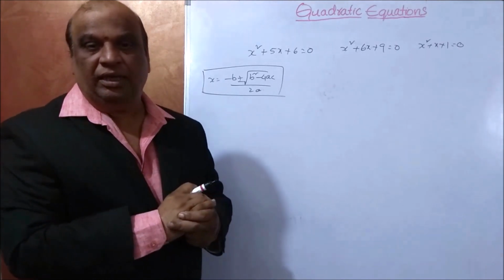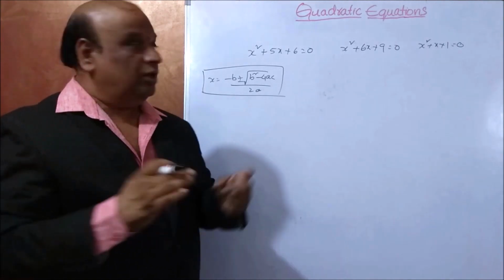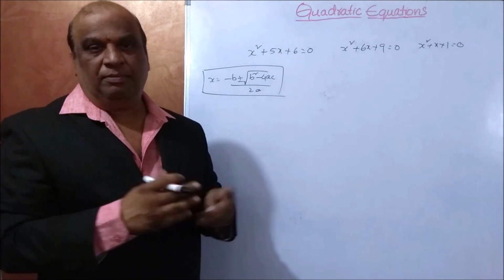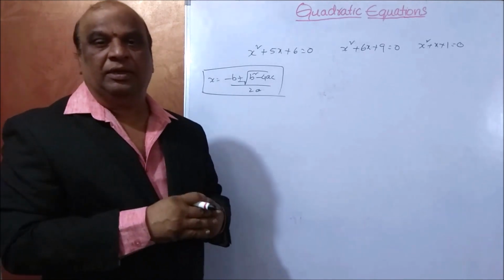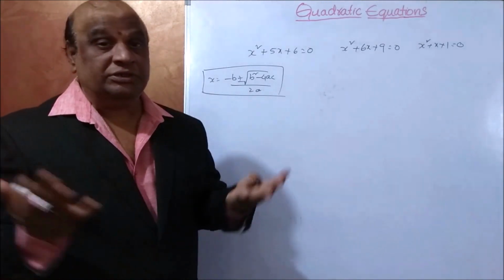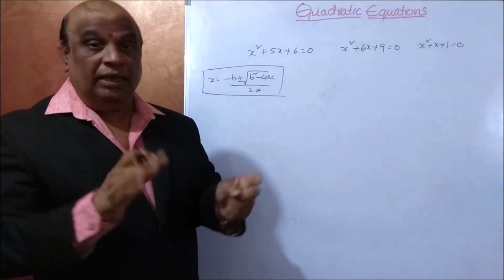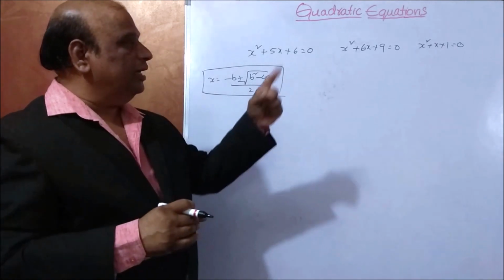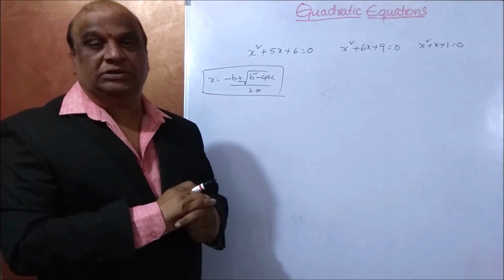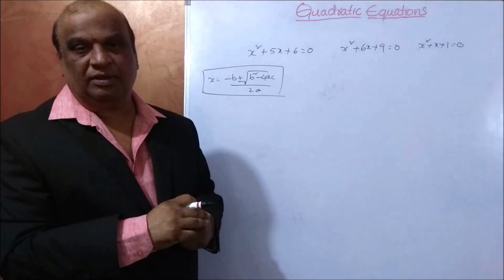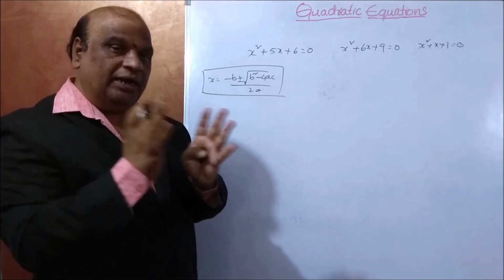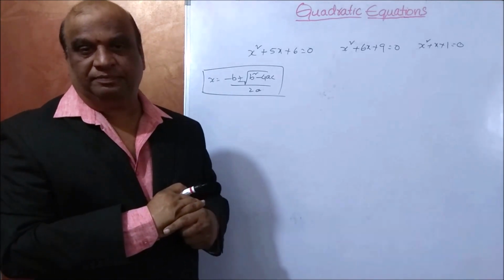In some cases, if you observe the roots, they are equal roots: minus 2, minus 2; minus 3, minus 3; minus 5, minus 5. Some quadratic equations have the same roots. In some cases, we can't have square roots in real number sets. So like this, different types of roots are there.